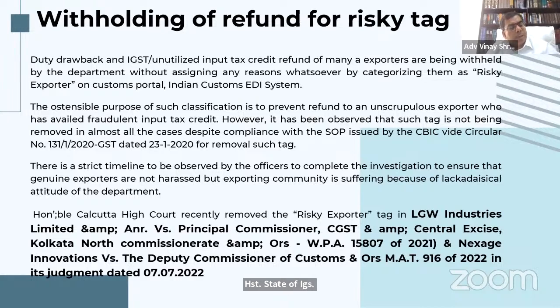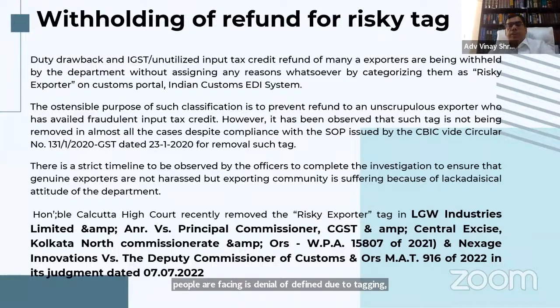Another issue, I think, which all across the country people are facing is denial of refund due to tagging as risky exporter. Now, you see, whenever any risky exporter tagging is done, such tagging is done on the EDI portal or the customs portal.